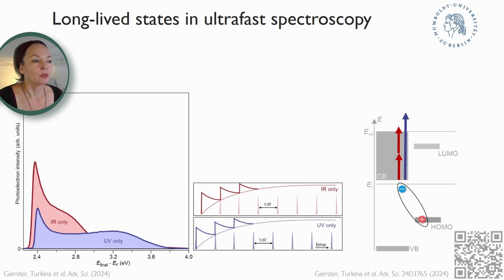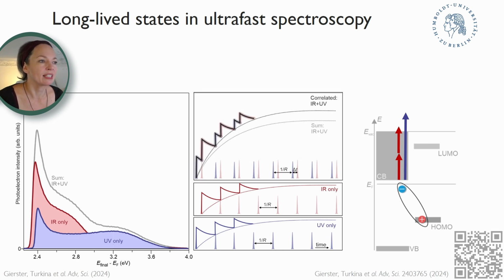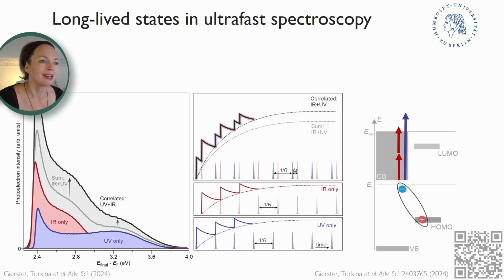And if we would use both colors at the same time, the dynamics should differ when we compare the sum of the single color spectra to the correlated experiment where we use IR and UV light at the same time, because then the photostationary state is going to be different. And indeed, this is the case. So there must be a correlation of UV and IR photons even at negative delays when microseconds have passed.